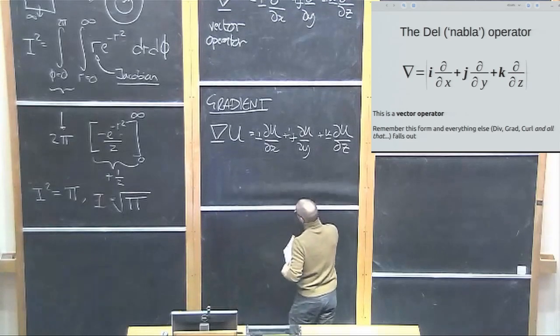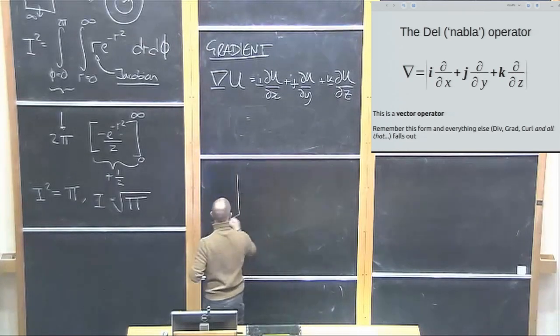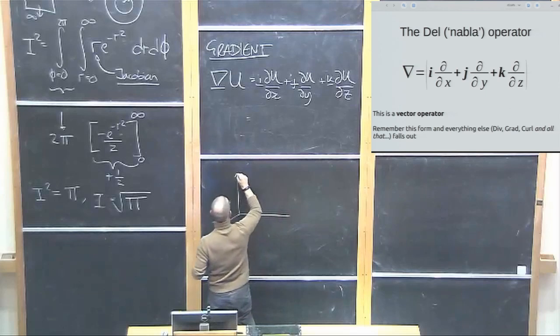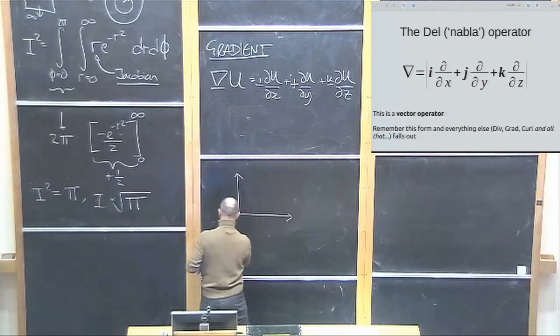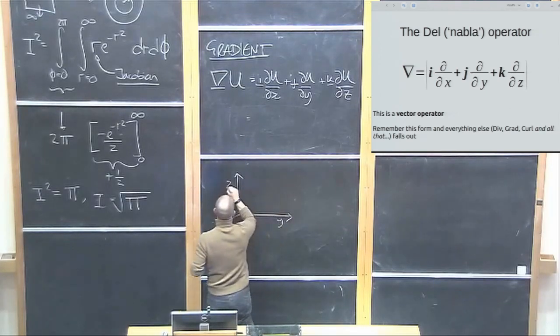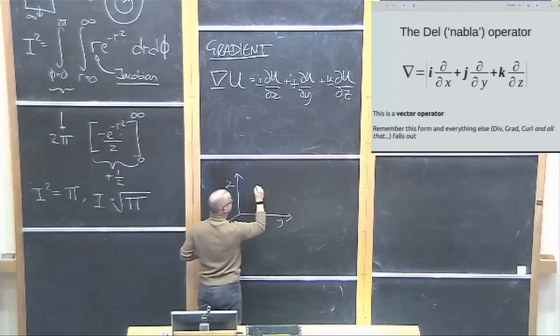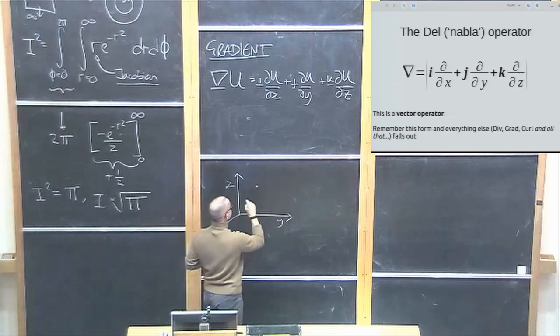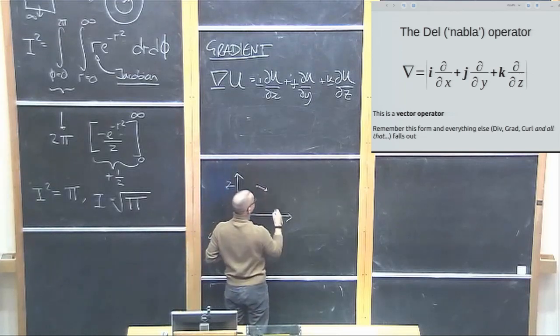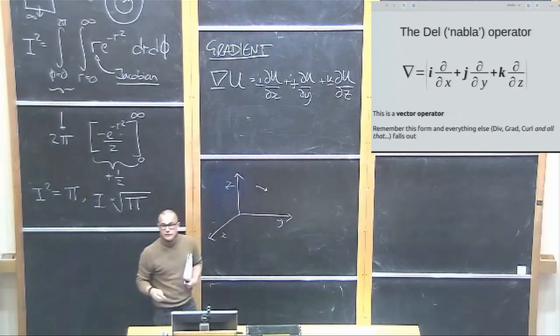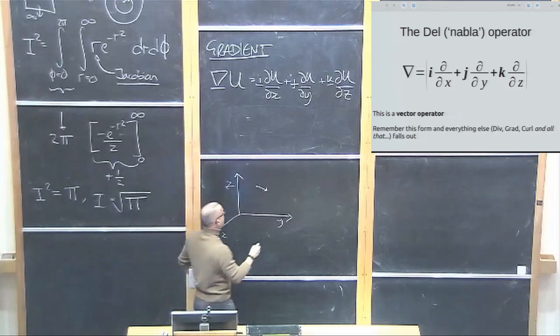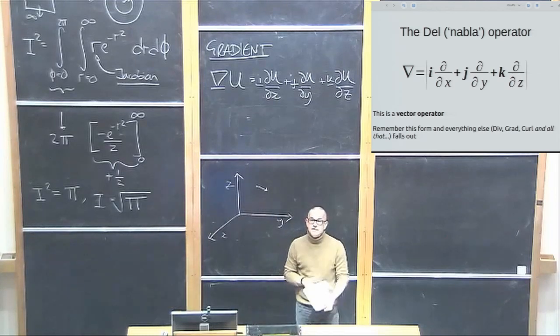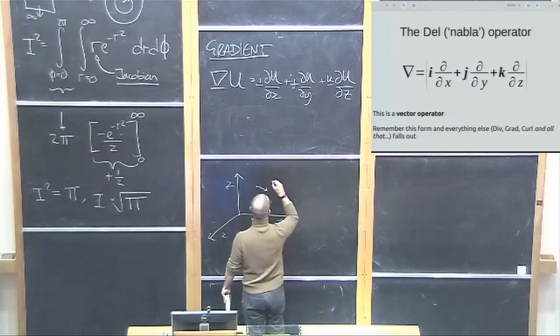So imagine I'm somewhere in my three-dimensional scalar field. I have some three-dimensional scalar field, and I'm at some point x, y, z in this scalar field, and I move some small distance in the scalar field. What is the change in the value of the scalar field as I move in that direction?